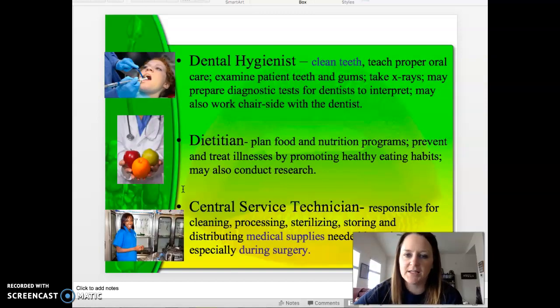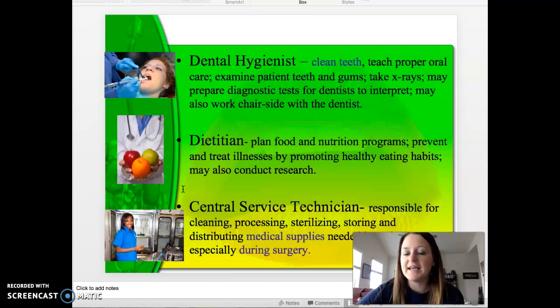The dental hygienist is actually the person who cleans your teeth before your dentist comes. They're also going to be the ones that talk to you about how to properly take care of your teeth and take x-rays, all those different types of things. And then we have a dietitian, which hopefully makes sense why that career would be with the digestive system. They're going to make sure that you're eating the appropriate food and the right stuff that you should be eating.